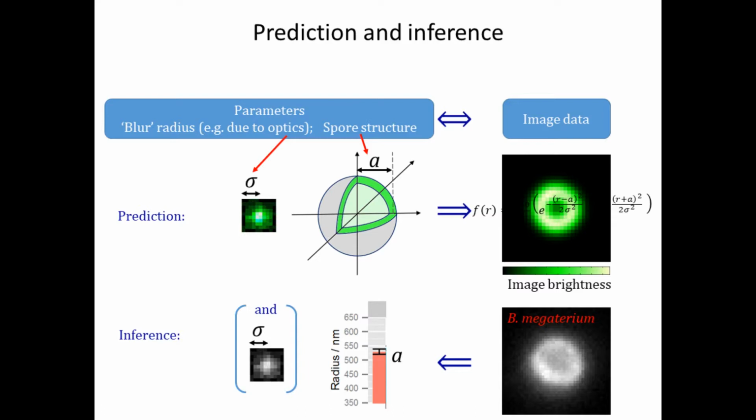We might have an equation which allows us to take those parameters a and sigma and predict the image that we would observe of this object. Then in the other mode, inference, we could take the image of a specimen which we know is a spherical fluorescent shell, but it has unknown radius a, and we could infer the parameters of the underlying physical structure by fitting the equation to the image data that we actually collected. So those are prediction and inference.